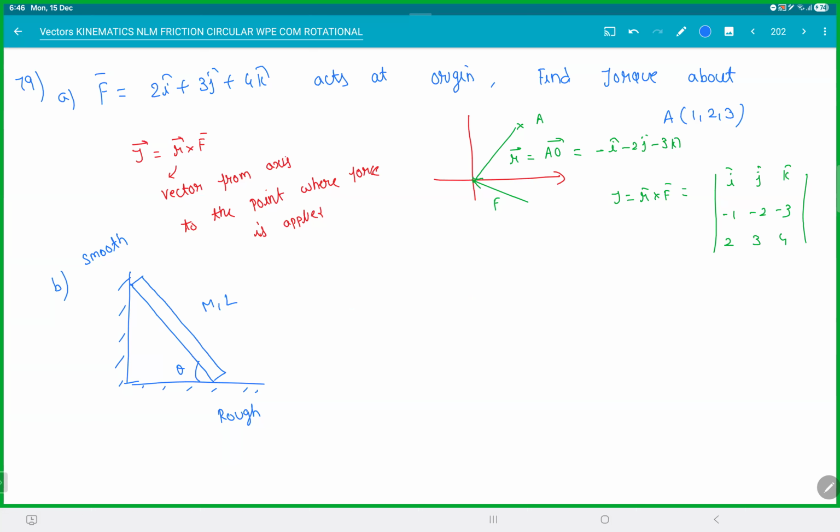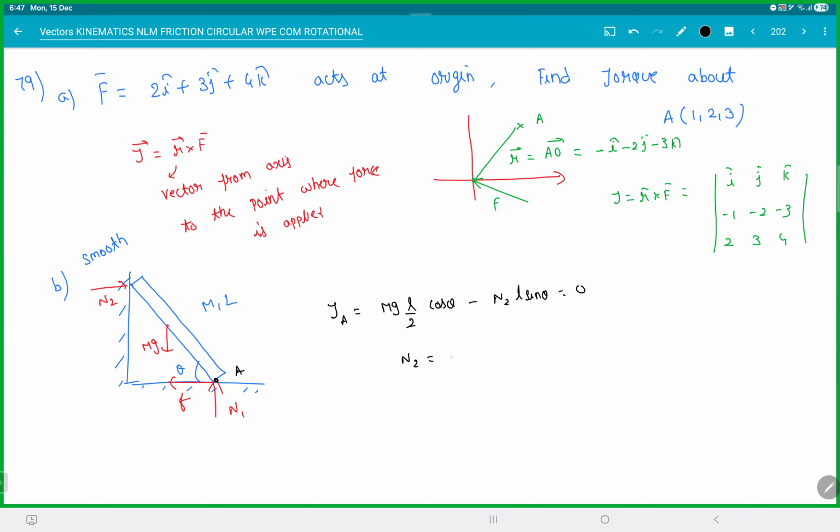And what about this thing? Write the forces. Normal reaction, friction, second normal reaction, and mg. Take the torque about the bottommost point. If you take torque about A, that will be mg L by 2 cos theta minus N2 L sin theta is equal to 0 because it is in equilibrium.